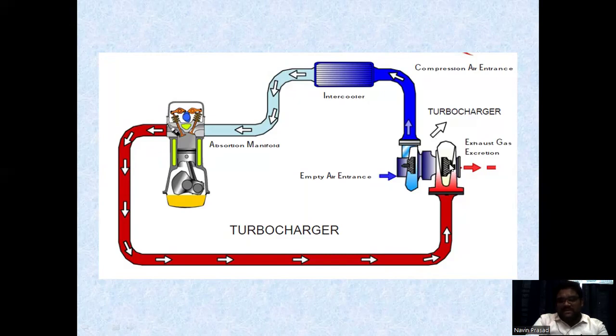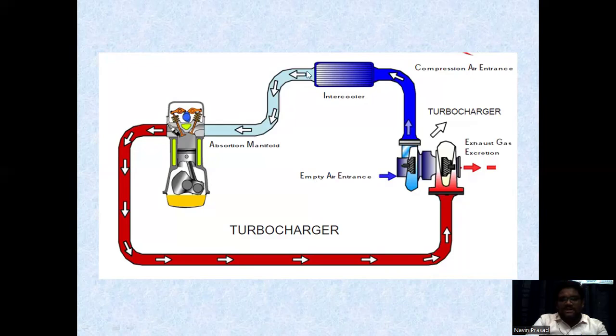The turbine is connected with the compressor by using a shaft here. So in this area, we will have a shaft. The ambient atmospheric air is drawn into the compressor section. Here more air will be sucked and passed into the intake manifold of the engine.